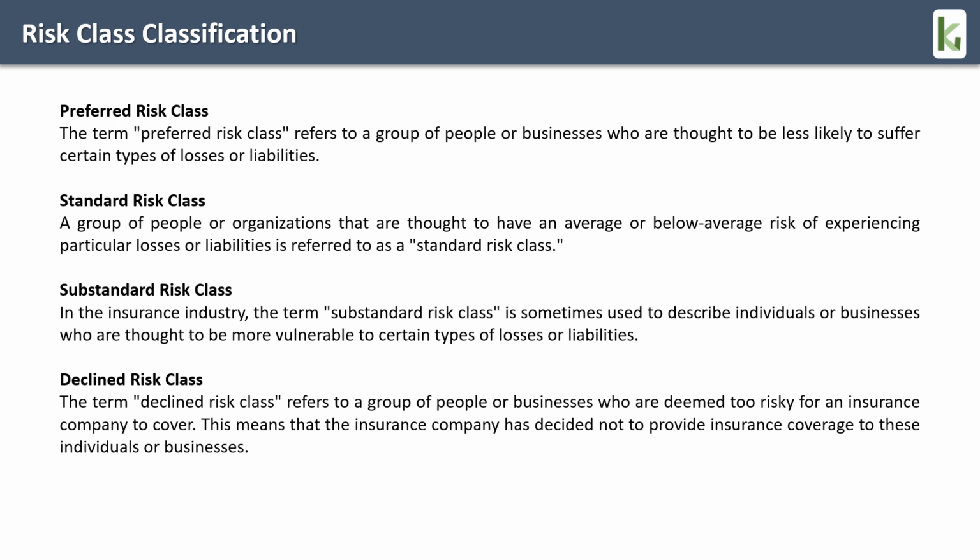And why is that so? Because they pose too great a risk of incurring losses or liabilities, or because they do not meet certain underwriting guidelines or eligibility criteria as required by the company. Those are considered as declined risk class.